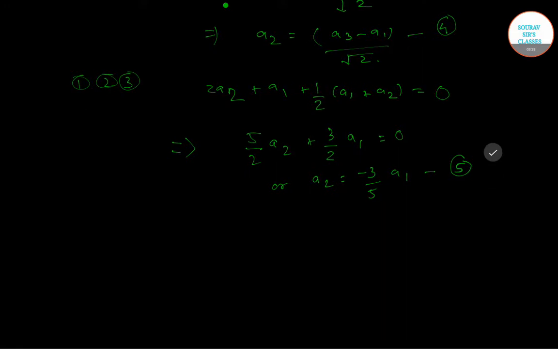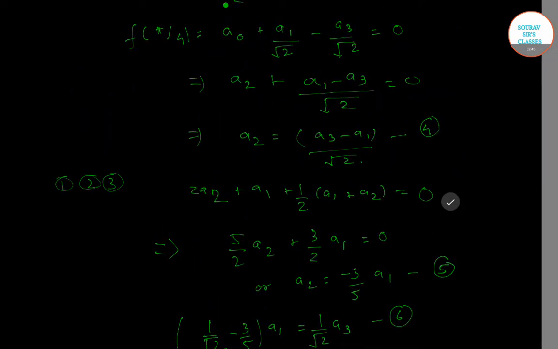Now from 4 and 5 we get 1 by root 2 minus 3 by 5 a1 is equals to 1 by root 2 a3. Let us denote it as our equation number 6.